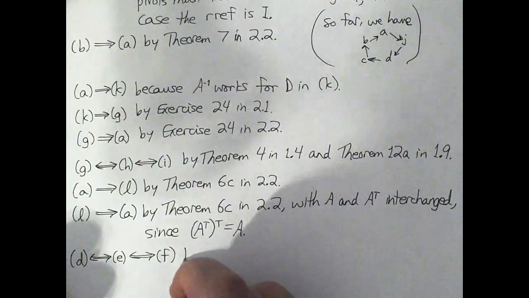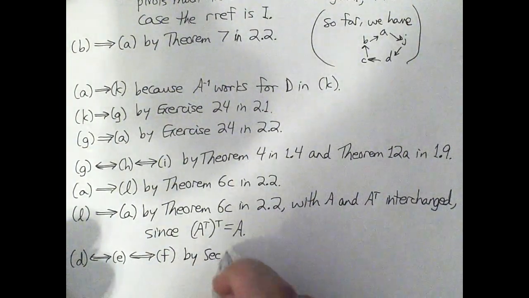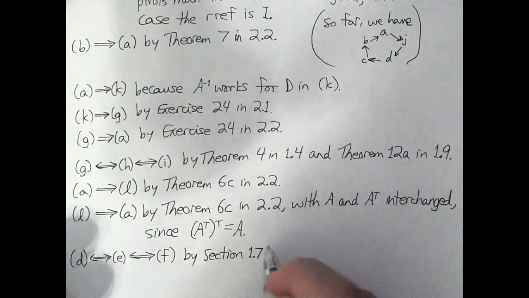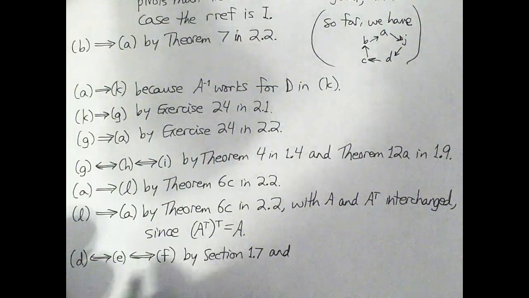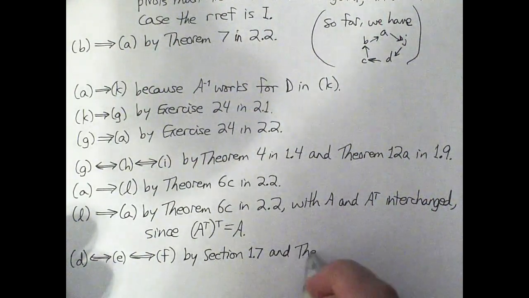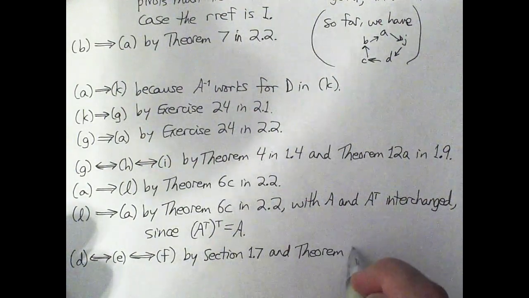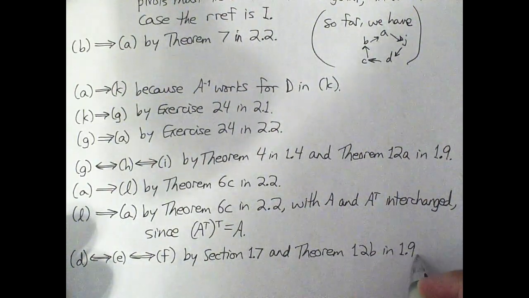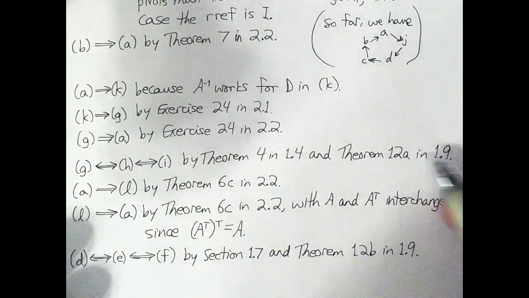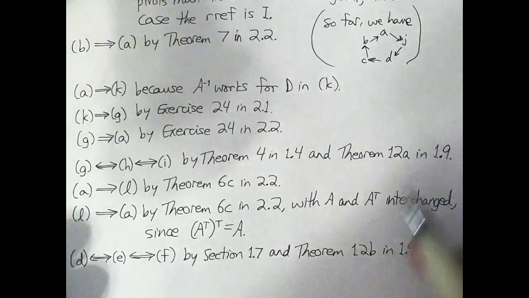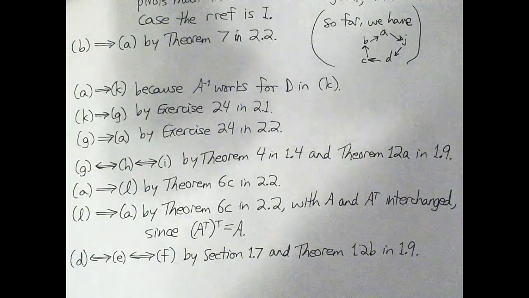So the answer is these connections happen by section 1.7. That's where the definition of linear independence was, and we had some facts about homogeneous systems. And theorem 12b in 1.9. Theorem 12 in 1.9 had part A about being onto, and part B about being one-to-one.